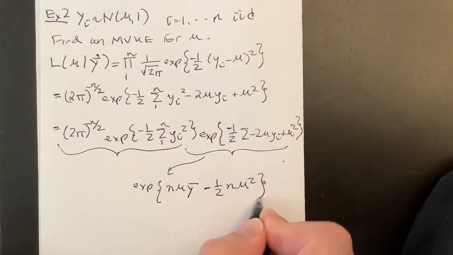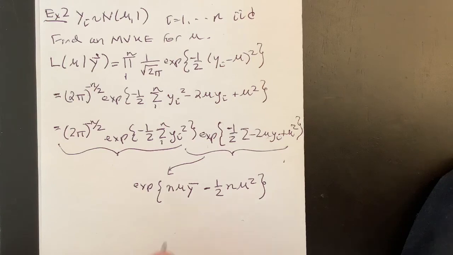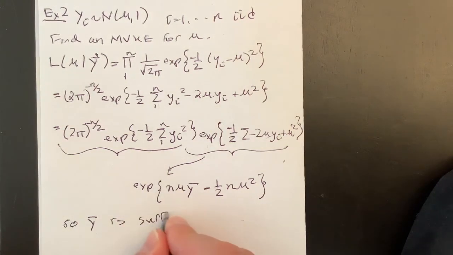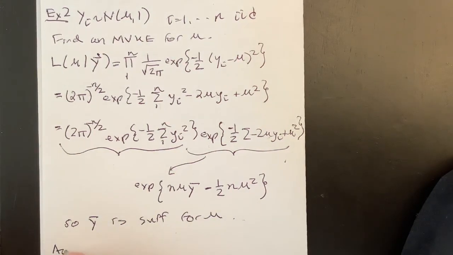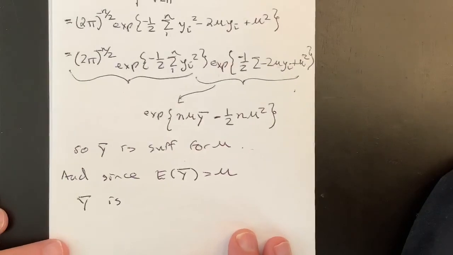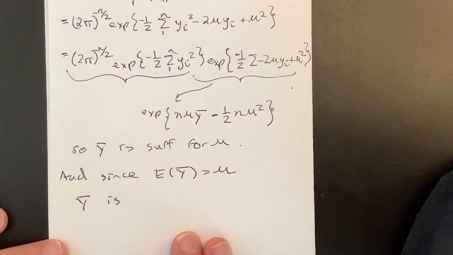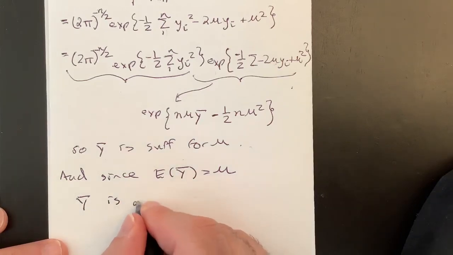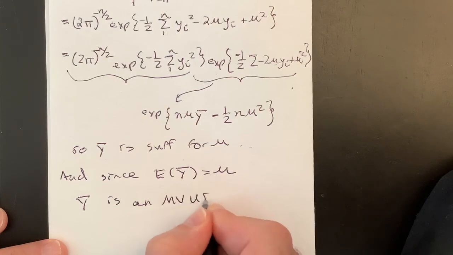So we see that y bar is sufficient for mu, and since E of y bar is equal to mu, which we saw in the first week of class or so, we don't need to find some function of it that's unbiased. It already is unbiased, so y bar is an MVUE for mu.